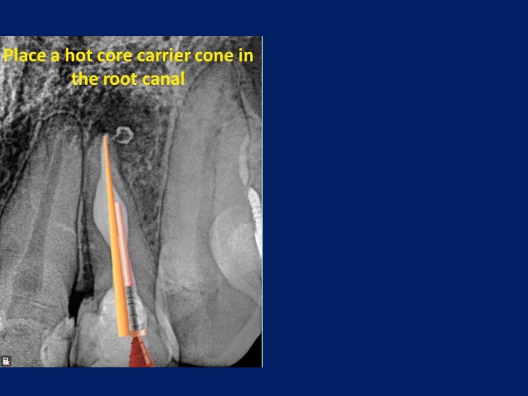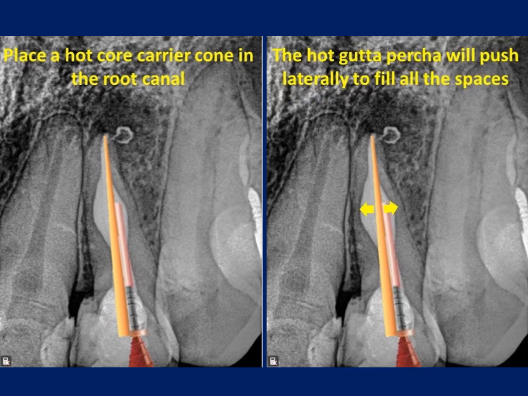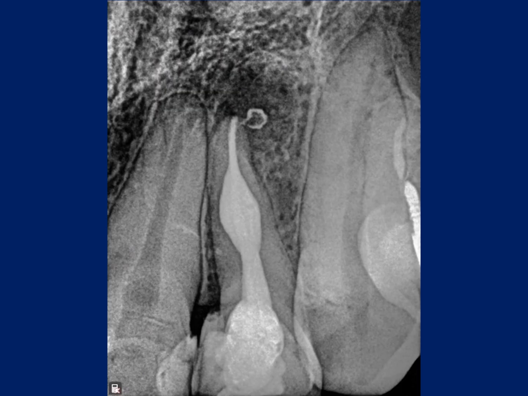And what happened is that this thermophil, or soft gutta-percha, pushed the sealer laterally to seal the area. And this is a nice picture showing the complete obturation.